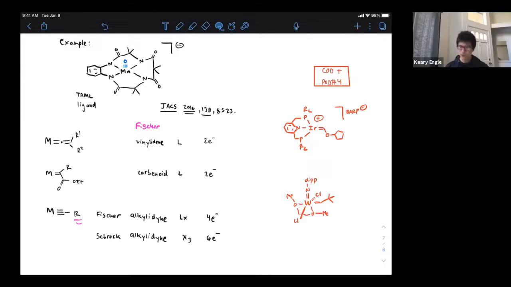Yeah, I think there are two factors at play. It's a great question. The first factor I mentioned very quickly in the last class, which is that vinylidenes in their free form, the singlet state is significantly more stable than the triplet state. So this stability translates to some extent in terms of its bonding preference when it's engaged in the metal.